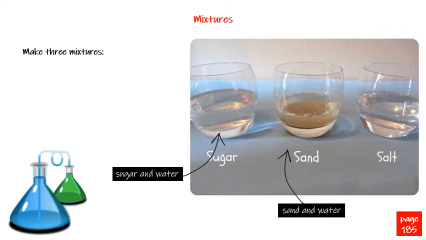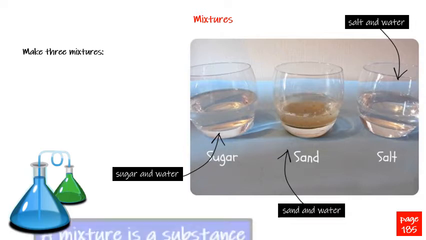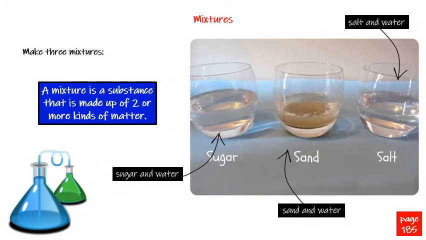You can also mix some salt with water, like the mixture in the third cup. So, mixtures is when two or more substances are combined, but each substance keeps its physical properties, which is a characteristic that can be measured or observed.